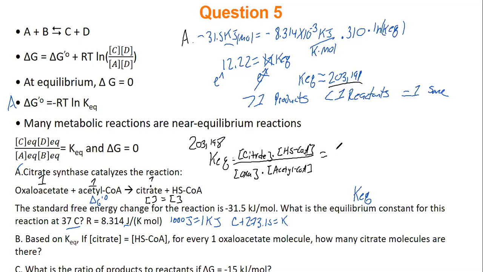That is equal to, I'm going to call the concentration of citrate X. It's some number X. I don't know what it is, that's what I'm trying to figure out, but I'm going to give it a variable X. If citrate is equal to X, and HSCoA has the same concentration, this must also equal X. And I already said oxaloacetate and acetyl-CoA equal 1. So what you get is X times X over 1 times 1.